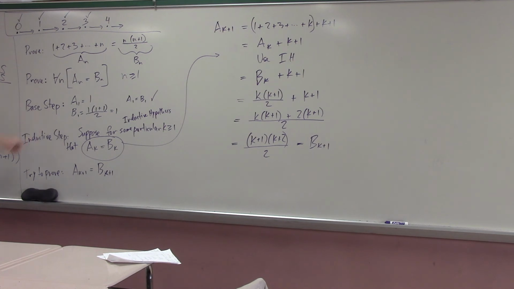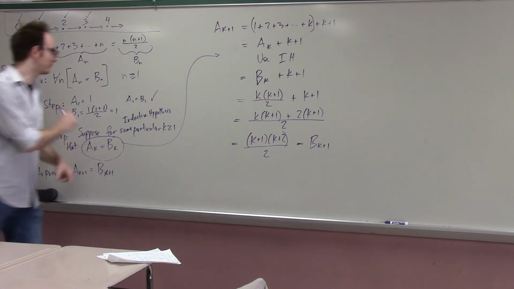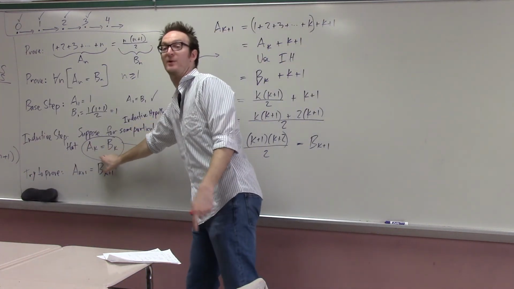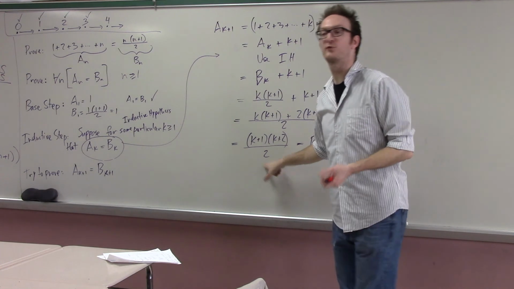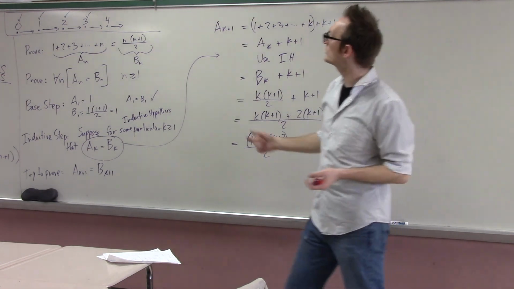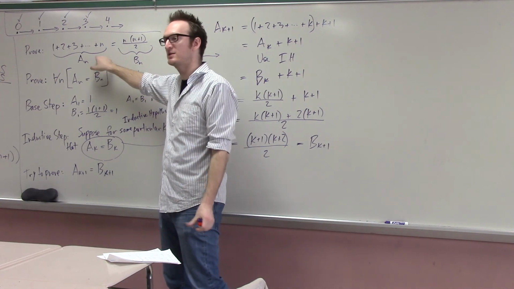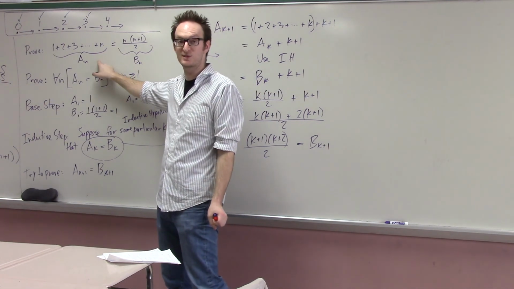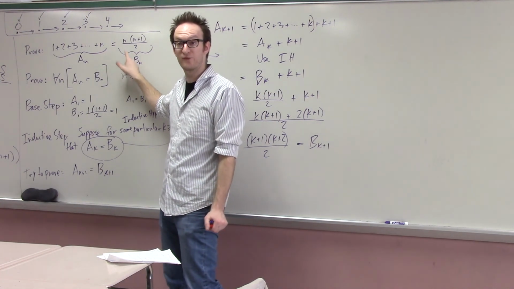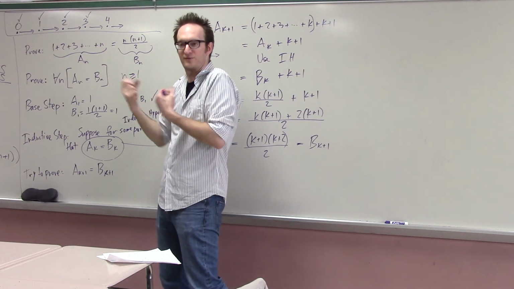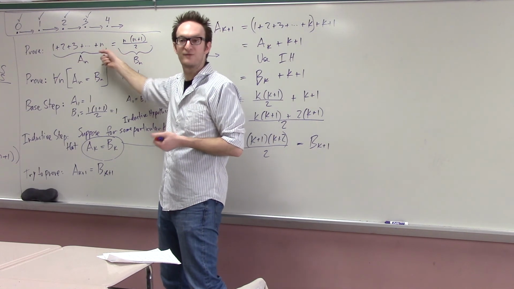Now I suppose that it's true for some particular number, and then I prove that if it's true for that number, then it's also true for the next number. You can think of this equation as a property that a number either has or doesn't have.